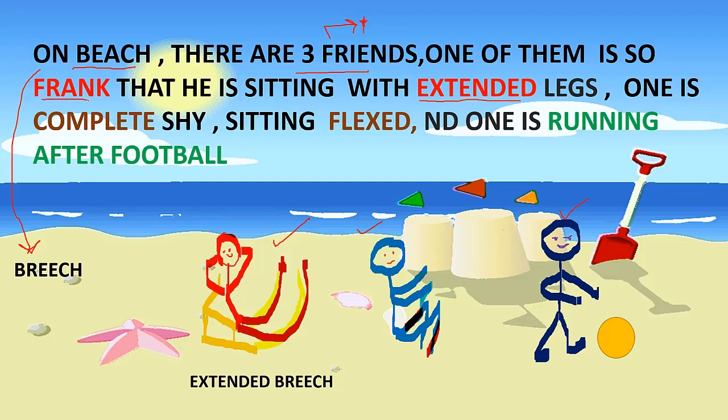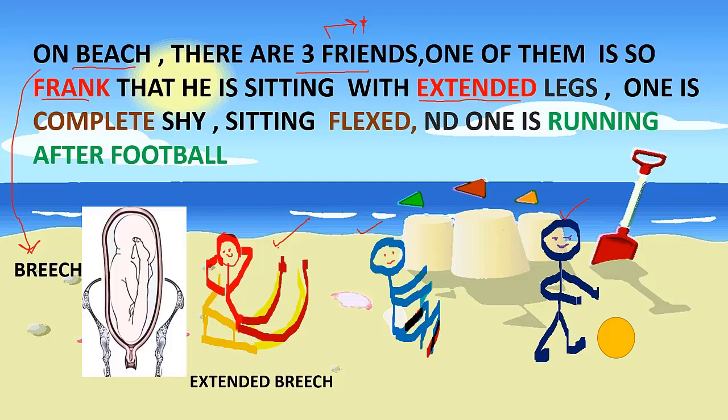Now, when you are comfortable with someone or when you are frank with someone, how do you sit? You sit relaxed, comfortable. So he is sitting comfortably with the legs up. So remember the picture of extended breech that is given in your textbook. That is like this. So, in frank breech, the fetus has extended legs. When legs are upward, it means that there is the flexion of hip and there is the extension of legs.